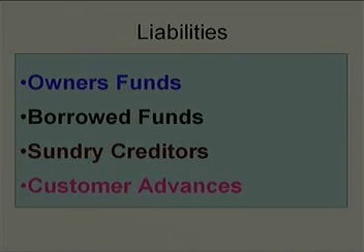For example, it could be the owner's funds. Mr. David has provided some money out of his savings to start a company. That is part of your owner's funds. Then you borrow funds. Here again the borrowing could be either on a long term basis or on a short term basis. Accordingly they are classified as long term loans or short term loans. So, they are also part of liability.